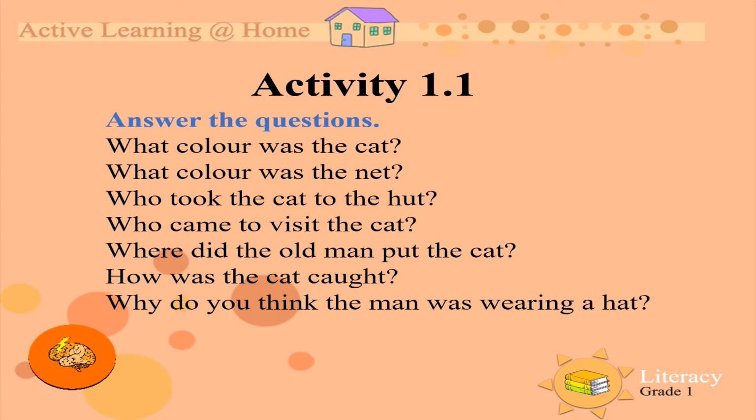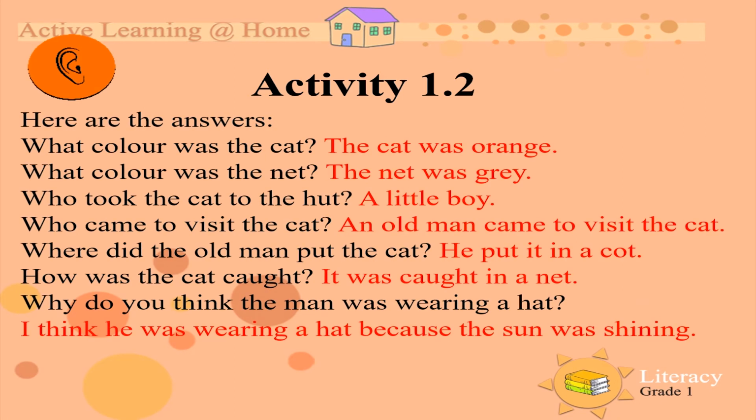How was the cat caught? And why do you think the old man was wearing a hat? These questions are easy to answer if you listen to the story. Let's see if we can find the answers.